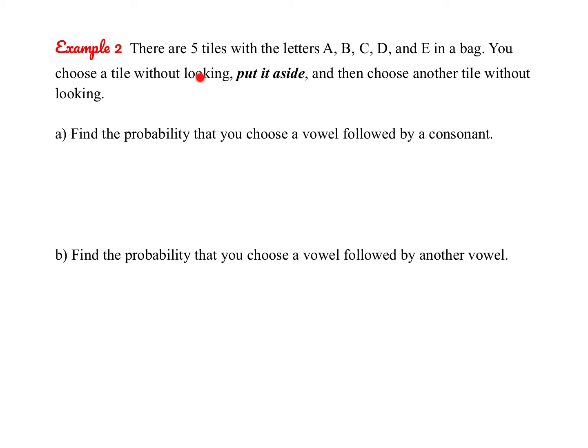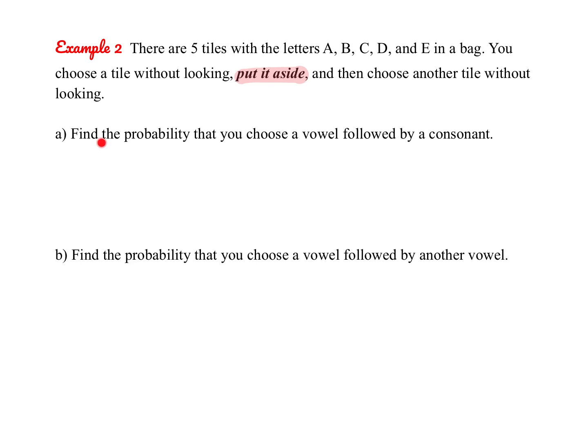So what we did in the first pick affects what happens in the second pick. Here we don't need to test this, it's just logic that these two events are dependent. What happened in the first pick affects the second pick, and this is only because of the key phrase that we put it aside. We didn't put it back in the bag.